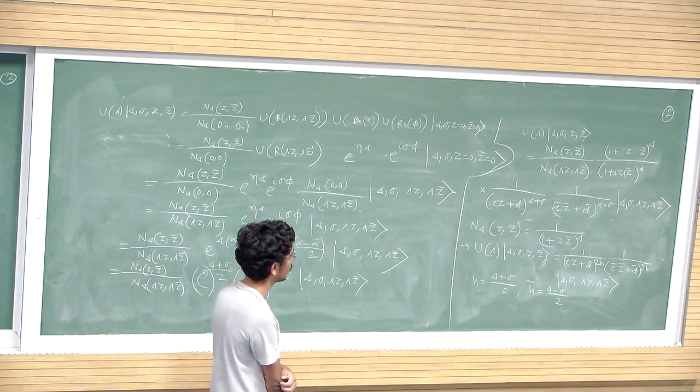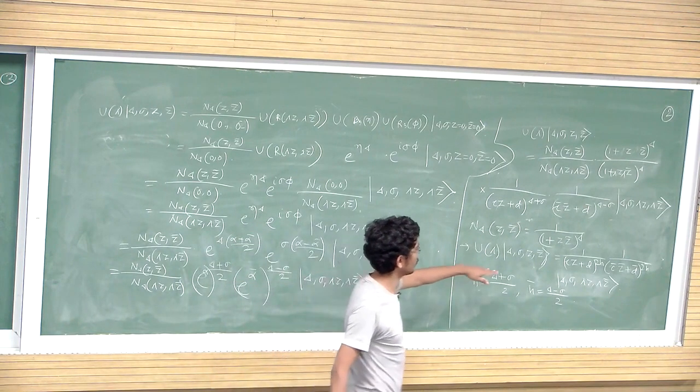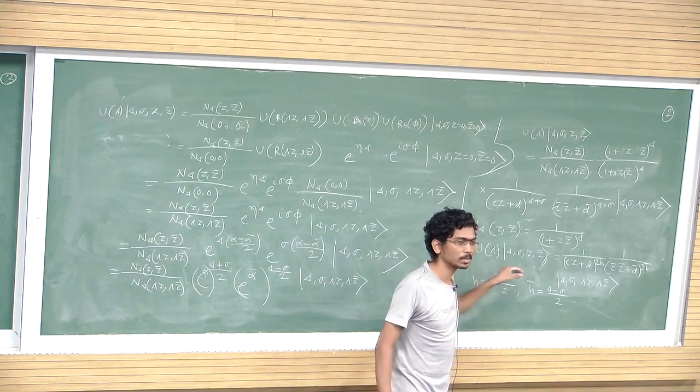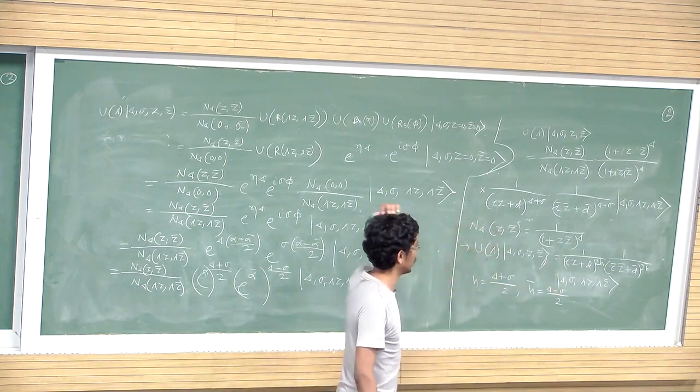Okay. So you see how this state transforms. This is just the transformation property of the SL2C primary.